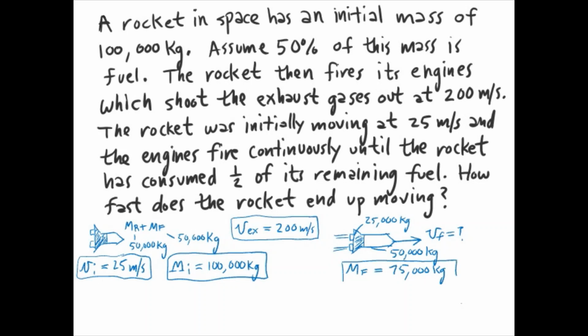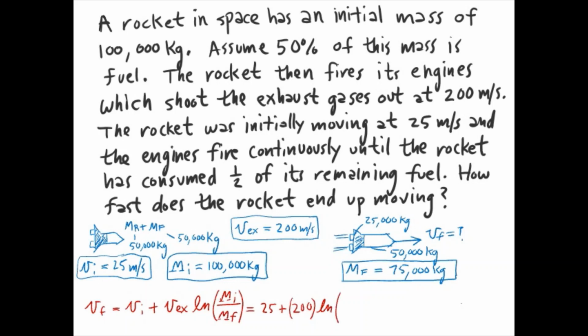Okay, so now we take our equation, and the equation that we had derived said that the final velocity of the rocket is going to be equal to its initial velocity plus the velocity of the exhaust gases times the natural log of m initial over m final. In this particular case, that's going to be 25 plus 200 meters per second for the exhaust gas times the natural log of 100,000 over 75,000.